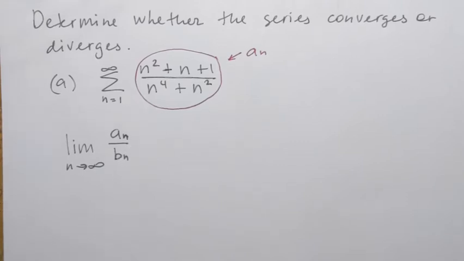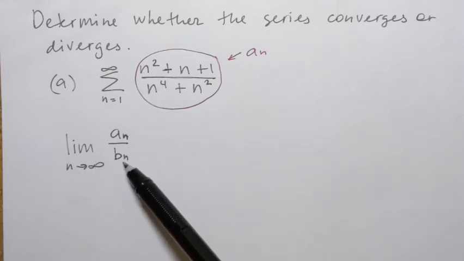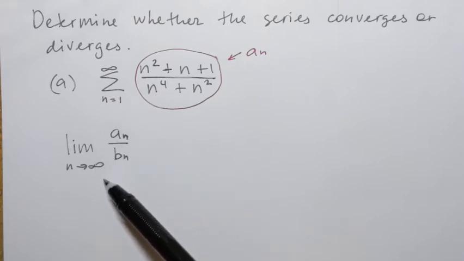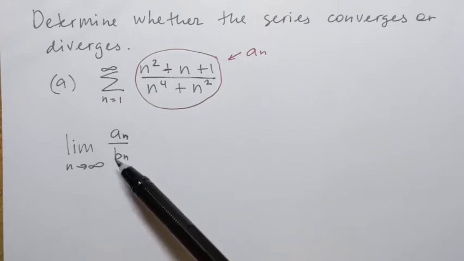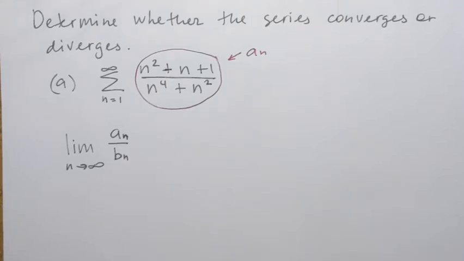When we use the limit comparison test, our goal is to find such a series so that we first of all know whether it converges or diverges, and second, so that when we put its general term in the denominator and simplify, we can find the limit somewhat easily, and that limit is a finite positive number.